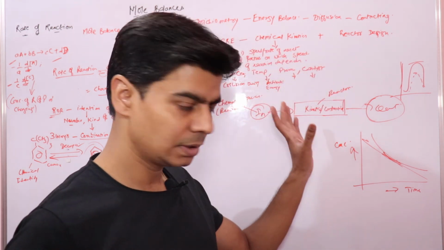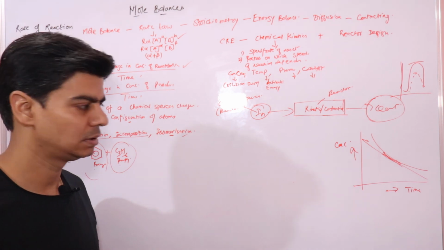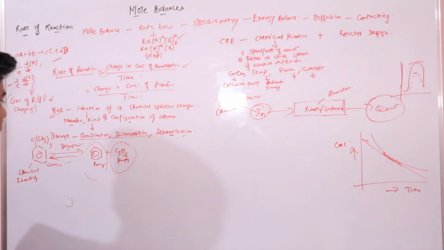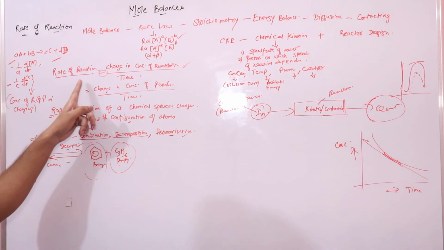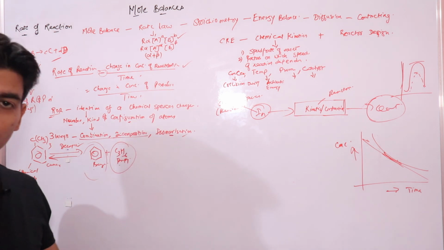And there is something known as the average rate of reaction and the instantaneous rate of reaction that you have studied. The rate of reaction depends on the change in the concentration of reactants or the change in the concentration of products.